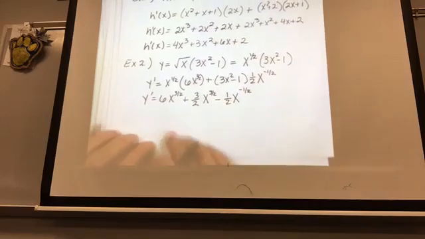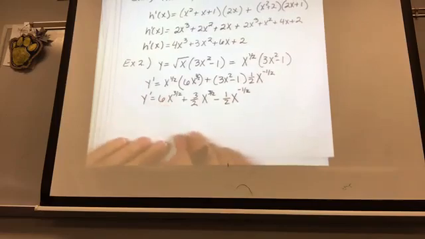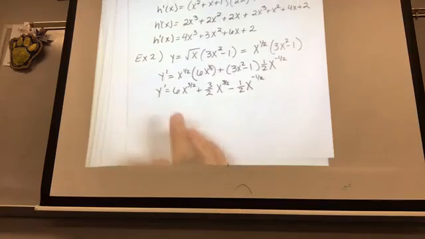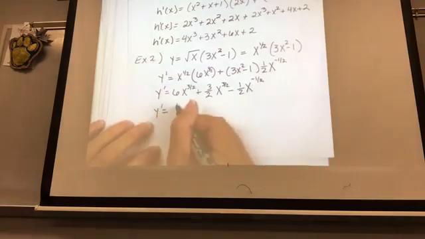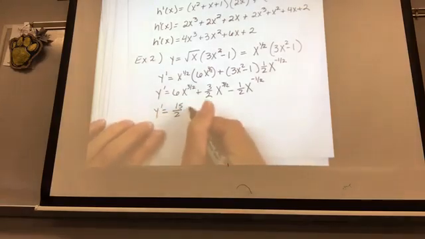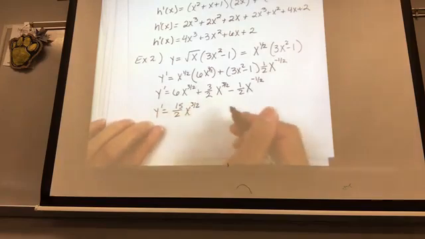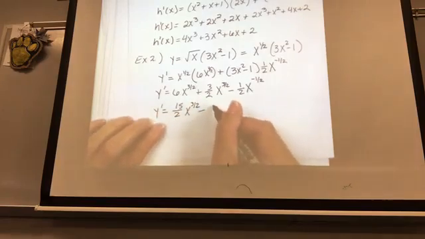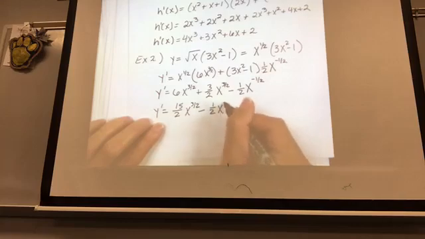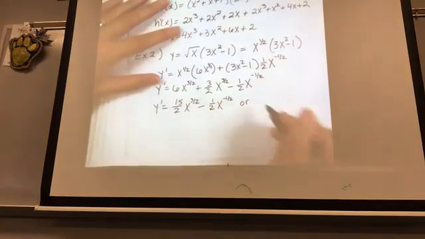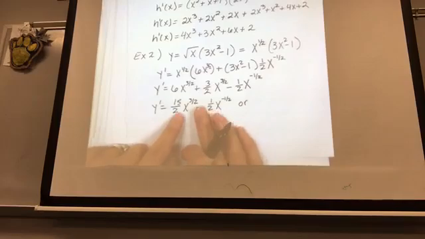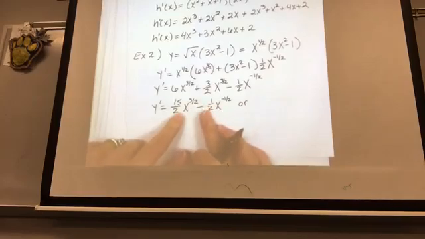Okay, so we're almost done. We've got like terms. So what is 6 plus 1.5? 15 halves. So y prime equals 15 halves times x to the 3 halves minus 1 half x to the negative 1 half. Or we can rewrite that, and this is where, if I'm on a free response, I'm going to stop here.